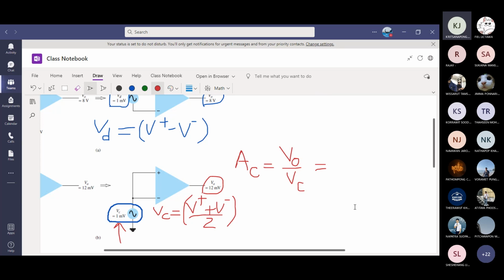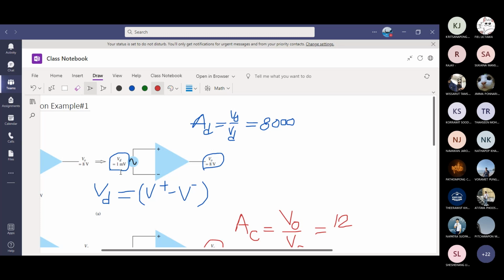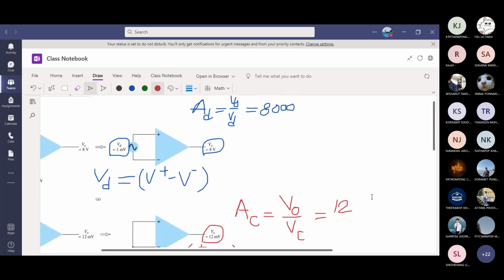Is it 12,000? Just 12. Here you are dividing 12 millivolt by 1 millivolt, whereas here you are dividing 8 volt by 1 millivolt. That's why it's 8,000 there, and this is 12.